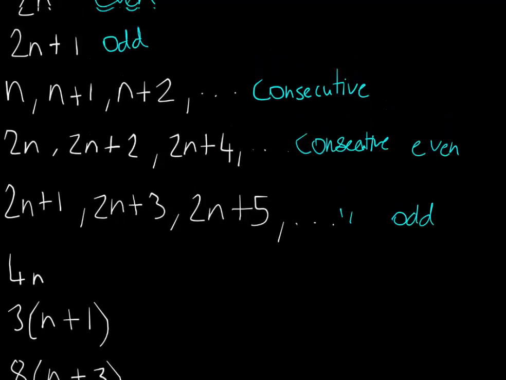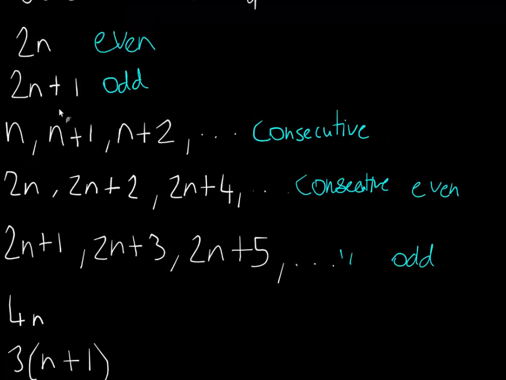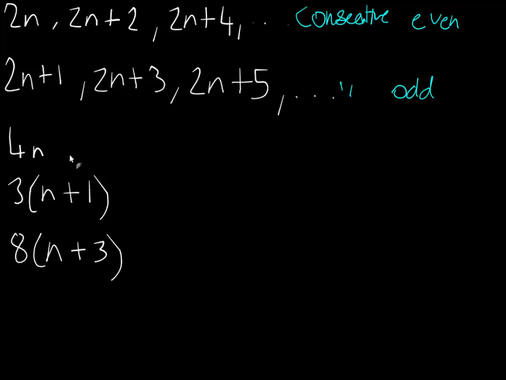So we've got the idea of how to represent an even number, an odd number, consecutive ones, consecutive even, and consecutive odd. The last ones are a few examples that highlight a way to finish off a question. If n is any number, then 4 lots of that number must be a multiple of 4.